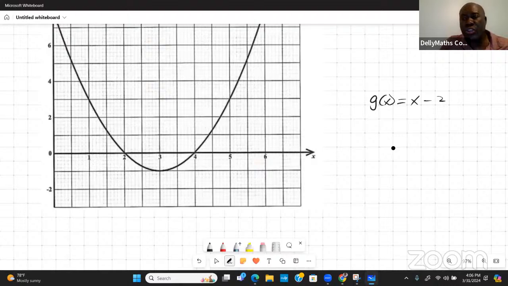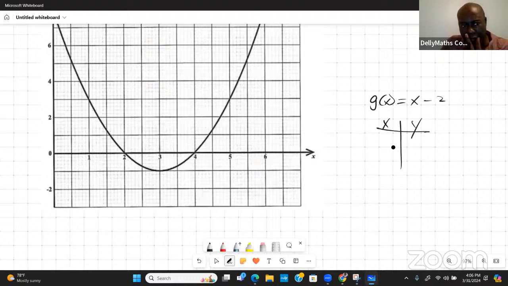What I'll suggest to some people is to use the numbers on your x-axis to substitute. For example, you could draw up a table and say this is x and this is y. All you need is 2 coordinates, 2 points. You create them.